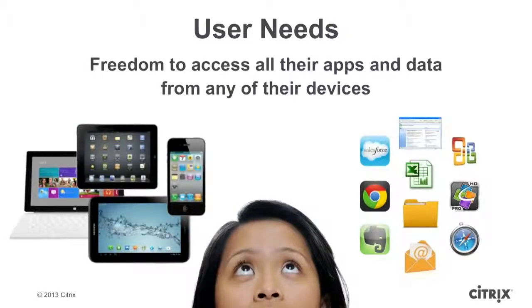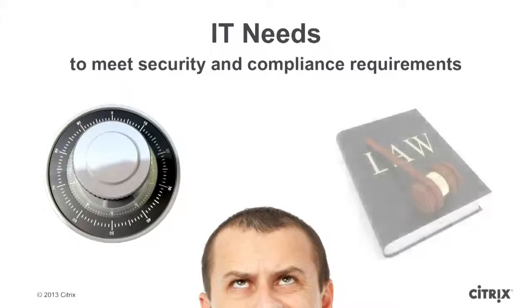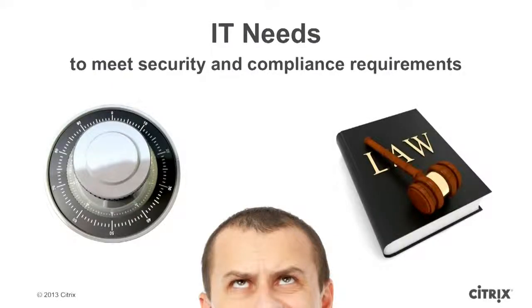On top of that, they want access to all the data to help them do their job, right alongside their normal personal information. And that's creating an issue for the IT team. IT in mobility straddles two big problems: one is security and the other is compliance.